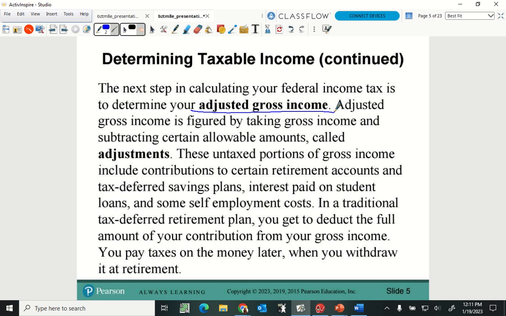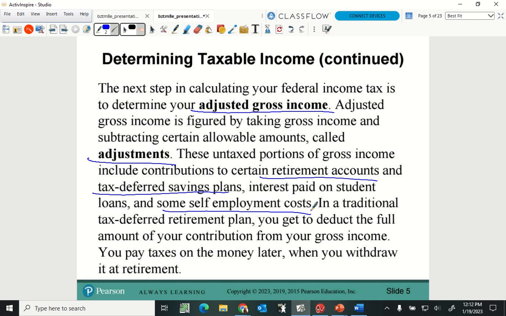Adjusted gross is figured by taking gross income and subtracting certain allowable amounts called adjustments. Untaxed portions of gross income include contributions to certain retirement accounts and tax-deferred savings plans, interest paid on student loans, and self-employment costs.